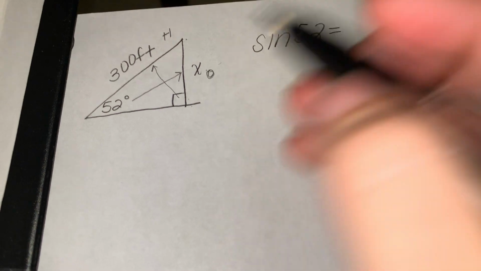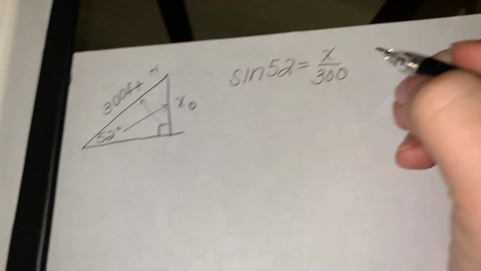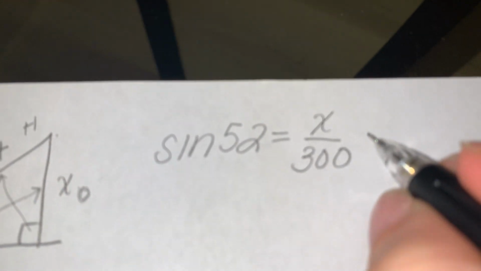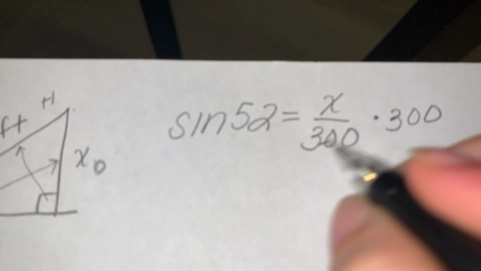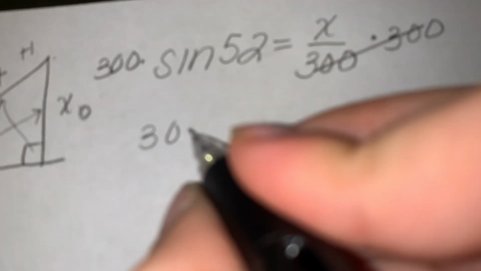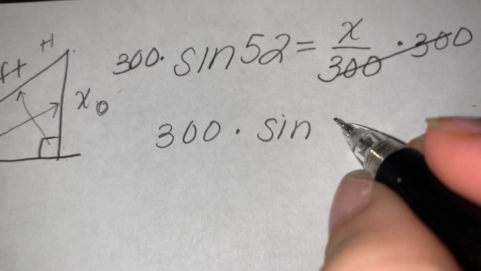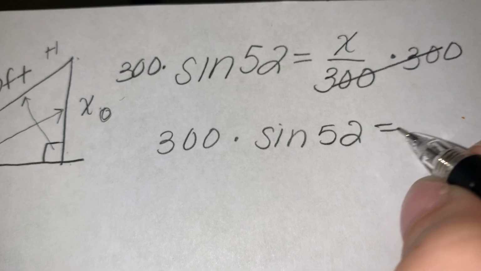What's my opposite? X over 300. To solve for x now, you multiply both sides by 300. And you have 300 times the sine of 52 equals x.